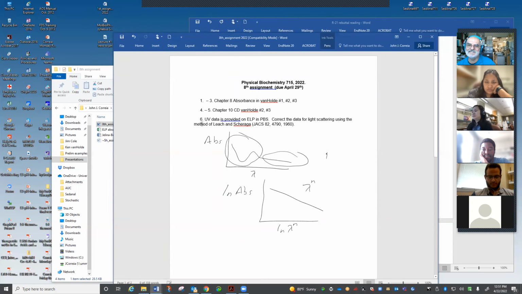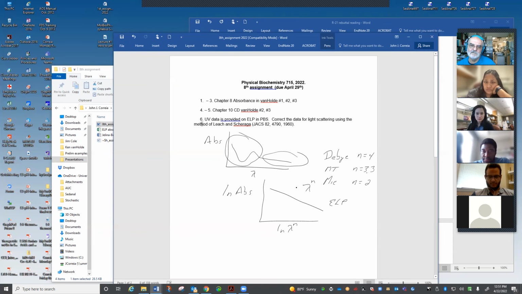If it's Debye scattering, then n equals 4. If it's microtubules, n will be about 3.3, in the 3s. If it's Mie scattering, n will be 2. In this particular case, it's aggregates of ELP, so there'll be some slope. That's basically what you have to do.